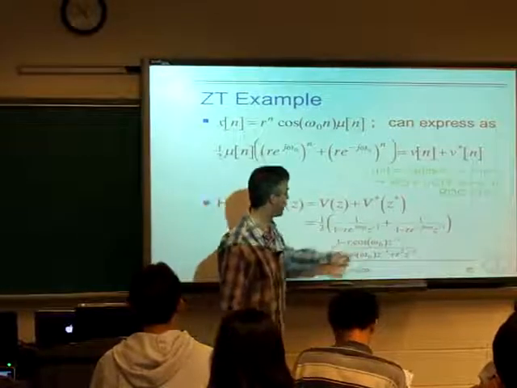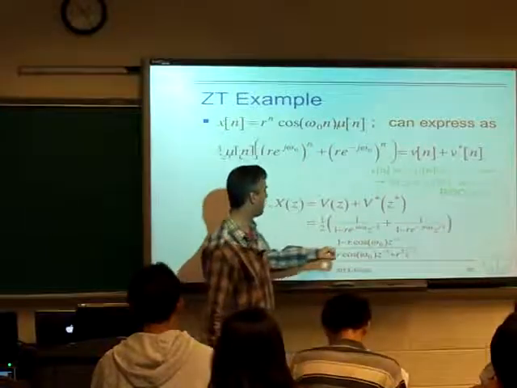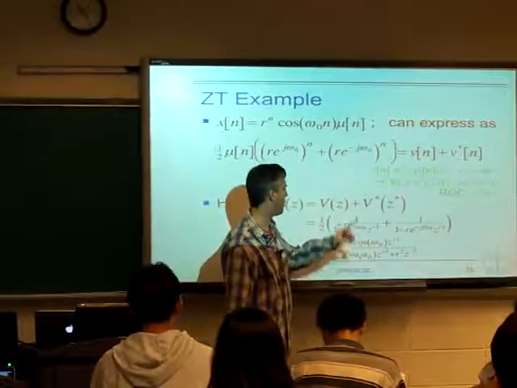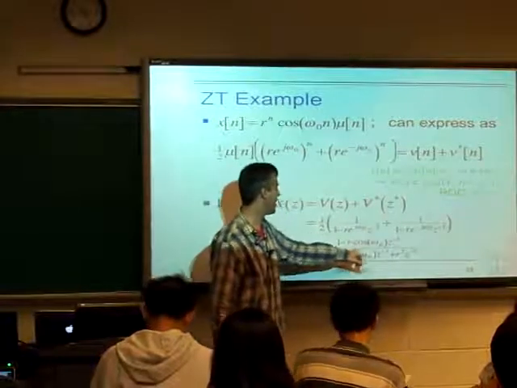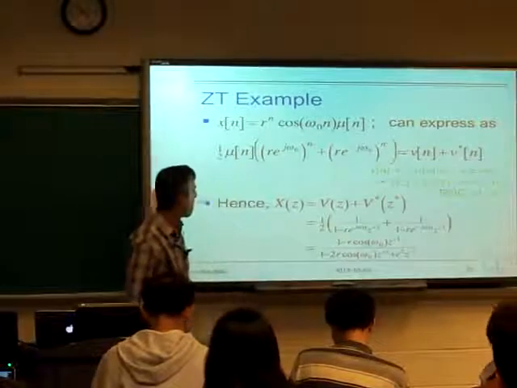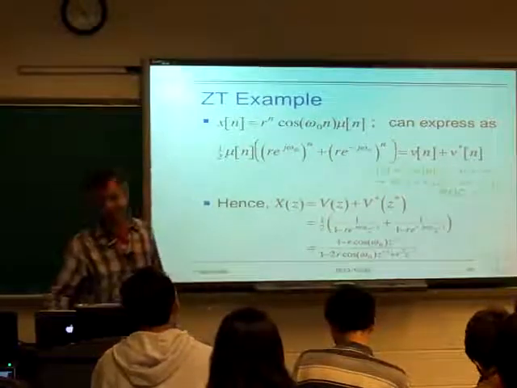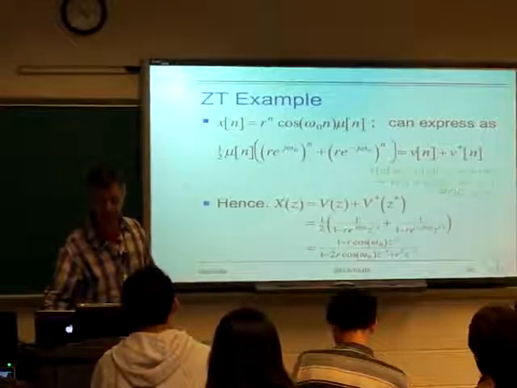And this part is just a single zero on the numerator at r cosine omega 0, so a real zero. Right? This thing goes to 0 when z is equal to r cosine omega 0. Okay, so we can do some manipulations in the z-transform domain using these identities.